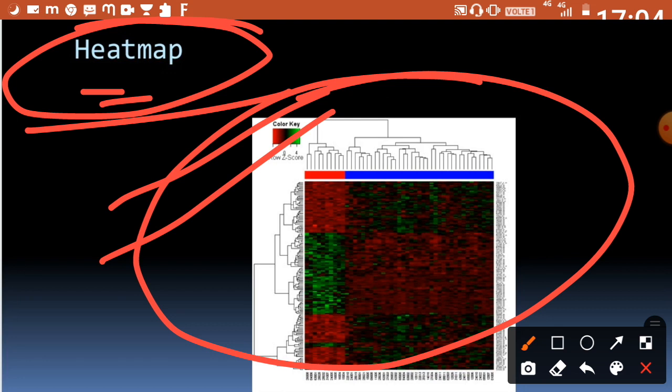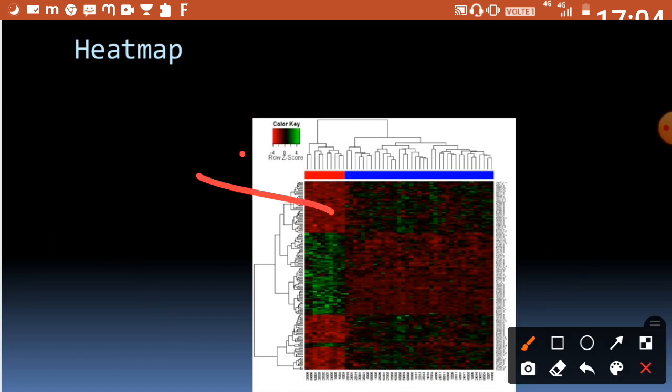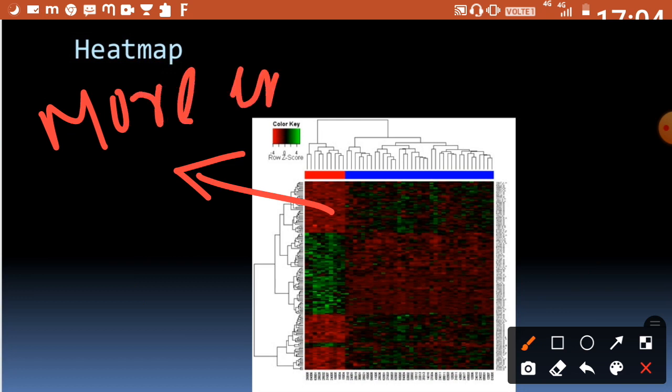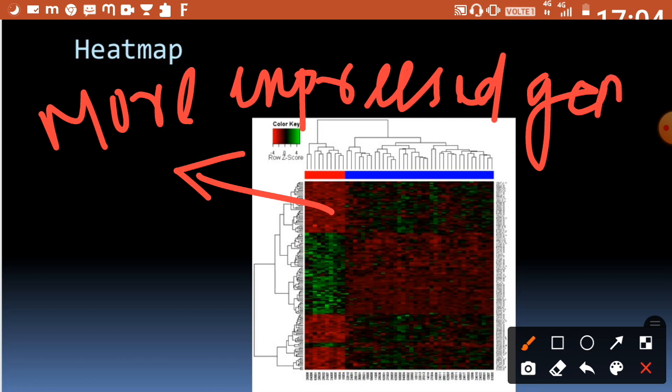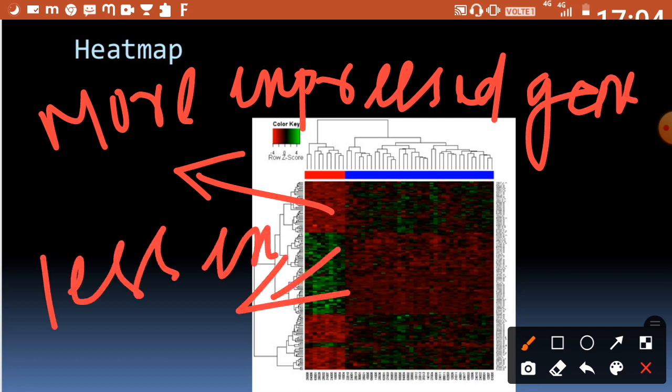Here, the ones expressed in red color are the genes which are expressed more. Red color denotes a more expressed gene, and green color denotes a less expressed gene.